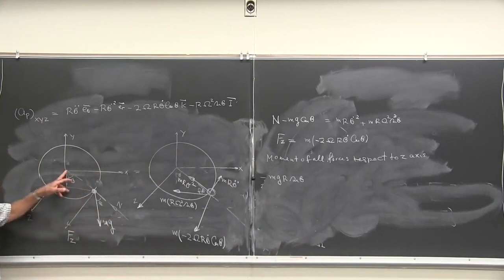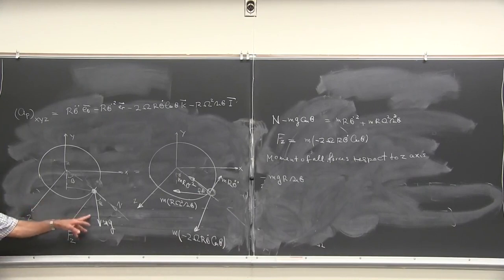This N goes through the z-axis, and this Fz is also parallel to the z-axis. They do not produce any moment. So the only one that produces moment with respect to the z-axis is mg times this. This is parallel to the z-axis, and this goes through the z-axis.